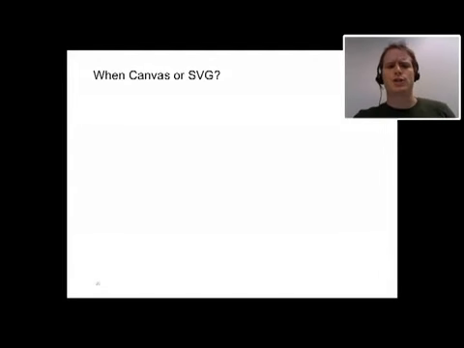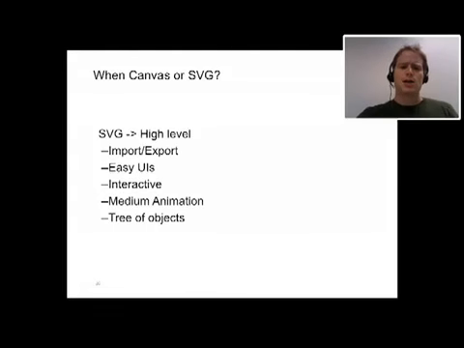So a really natural question is when to use Canvas or SVG. When should you use one or the other? SVG is what's known as a retained mode API. In graphics, you have retained mode APIs and immediate mode APIs, and you need both for different situations. SVG is higher level. You want to use it when you need import and export of graphical assets.